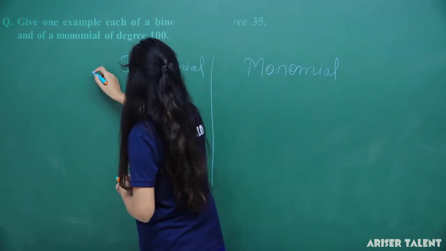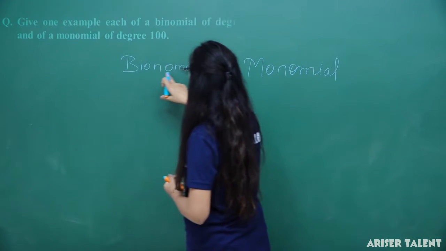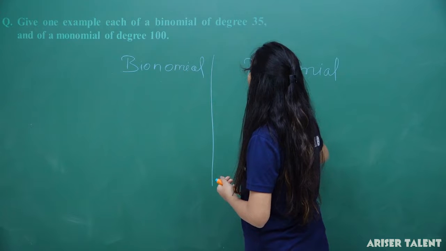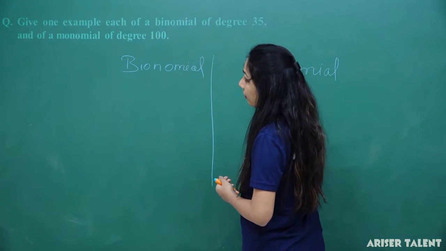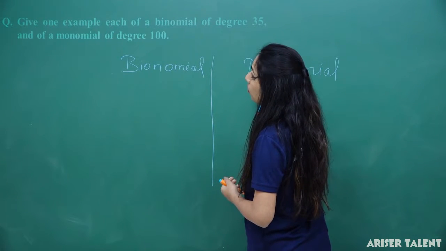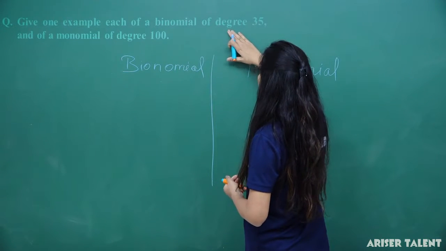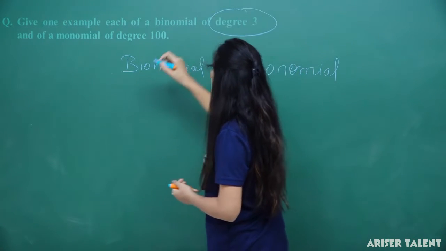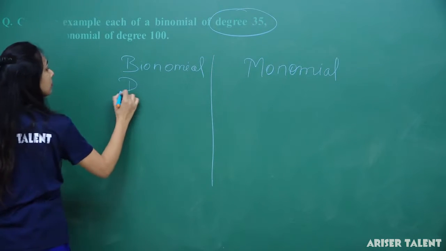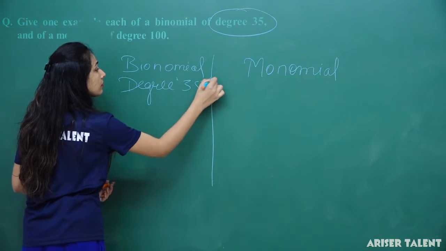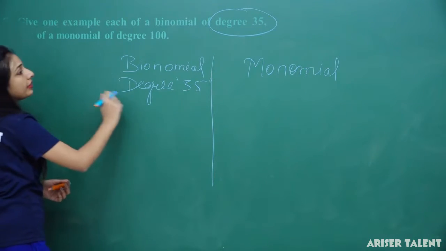So first, an example of a binomial of degree 35, and a monomial of degree 100. So for binomial I have to pick this degree 35, the second thing is degree 100.